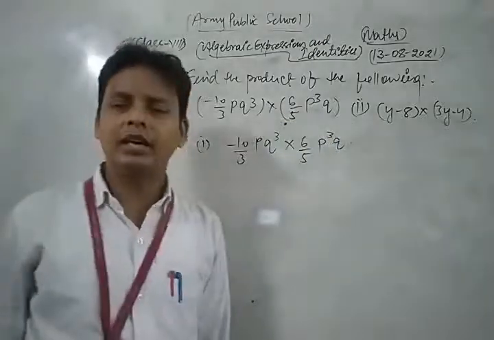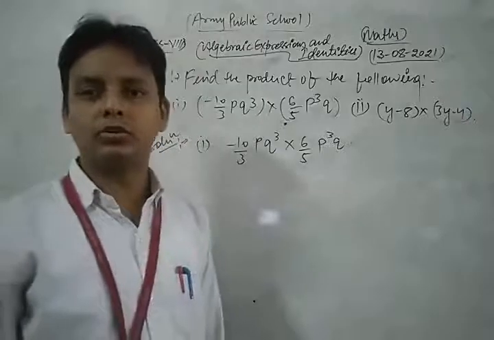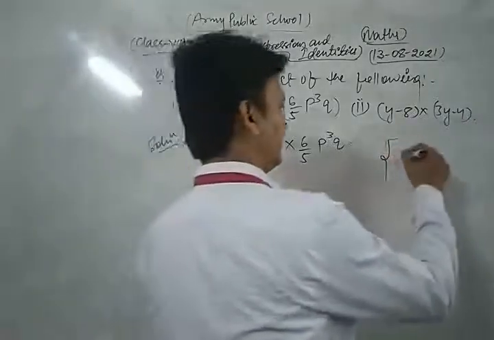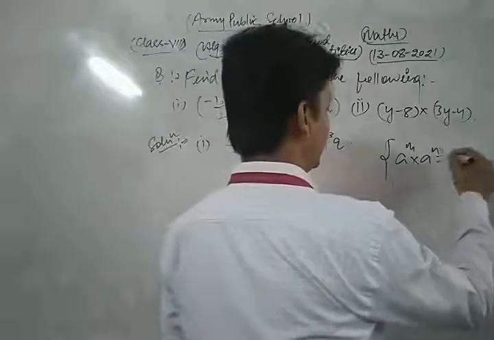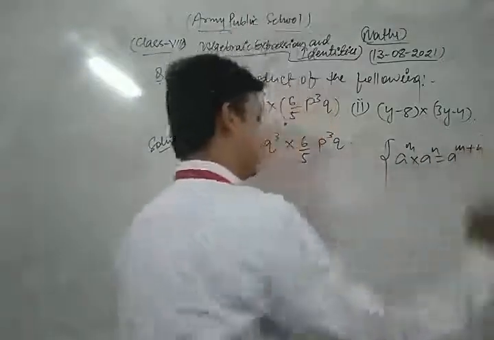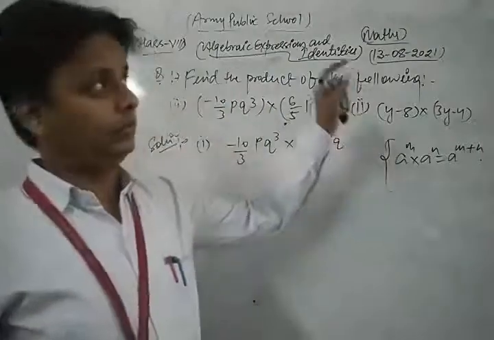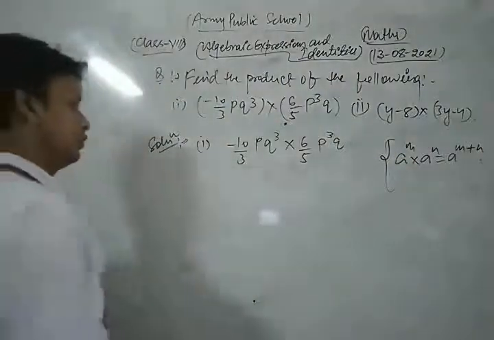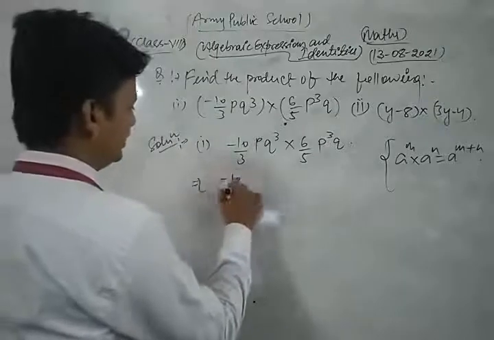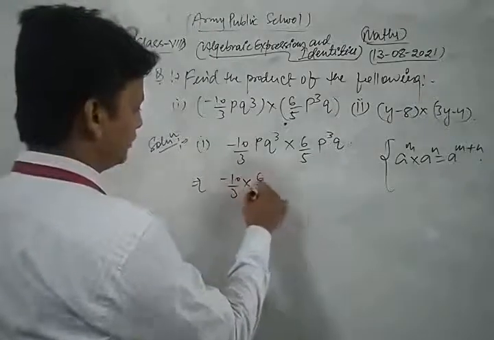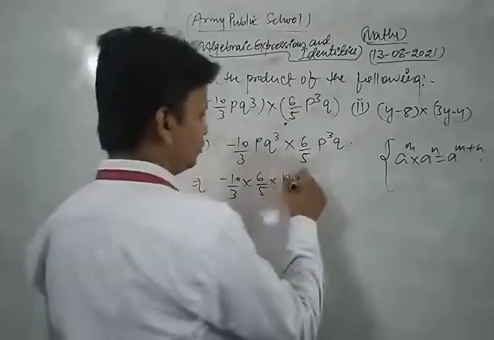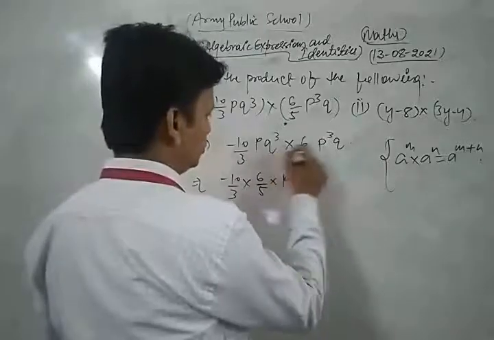First of all we arrange this according to like terms, because we have the formula a to the power m into a to the power n is equal to a to the power m plus n. So we can write minus 10 by 3 into 6 by 5, we take the constant terms together, p and p cube together, and q cube and q together.